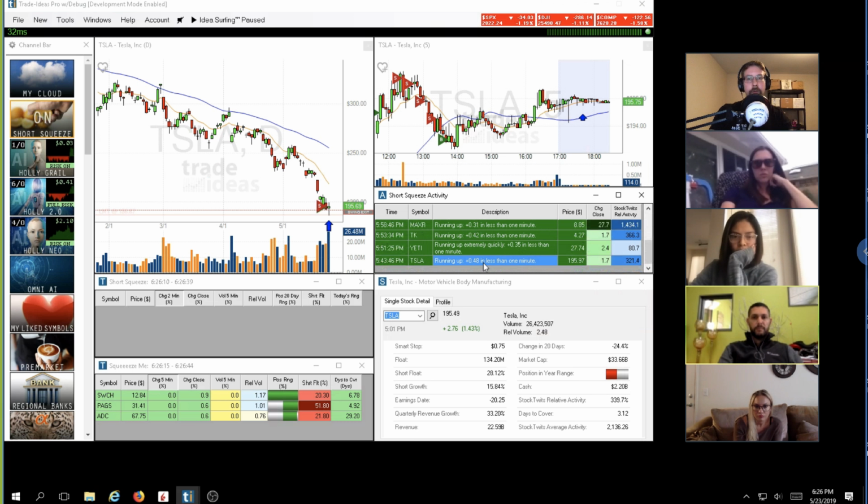For example, you can see I was shorting the hell out of Tesla here. But you might look at Tesla and say, okay, it has a high short float. It's 30% short, and it does 26 million shares today, which is 2.5 times what it normally does. That's pretty significant. The spread's not on here, but I can show you how to add that.